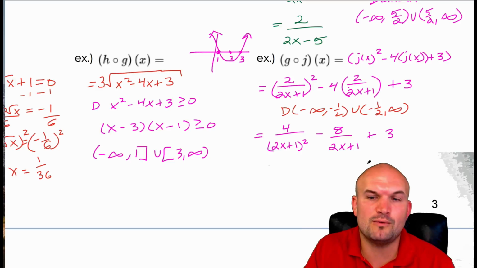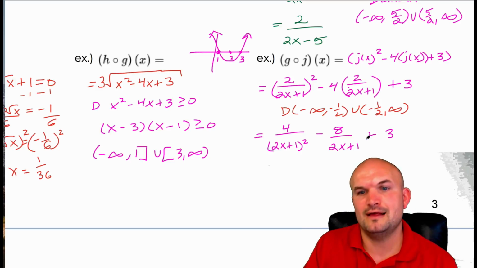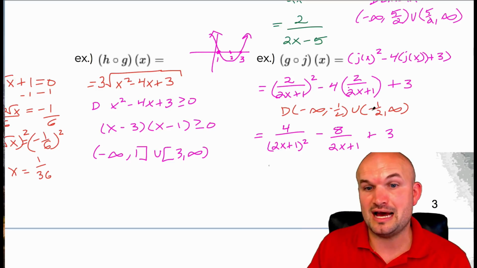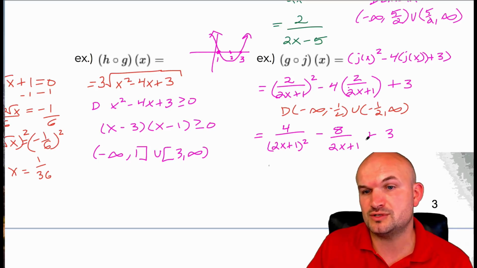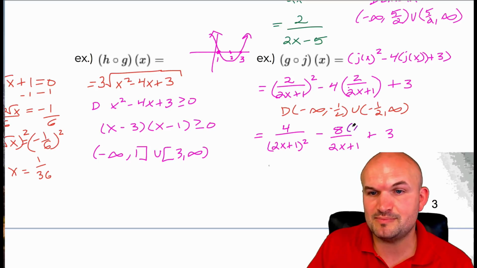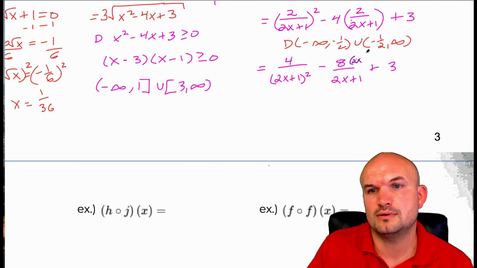If I wanted to combine these, the common denominator would be 2x plus 1 squared. So I need to multiply this by 2x plus 1, and multiply this by 2x plus 1.